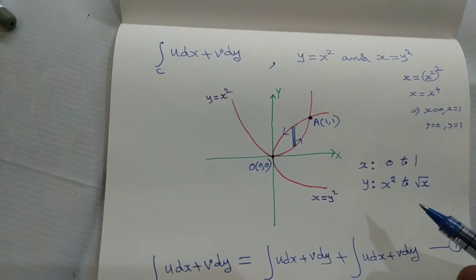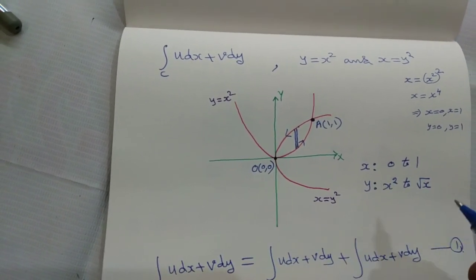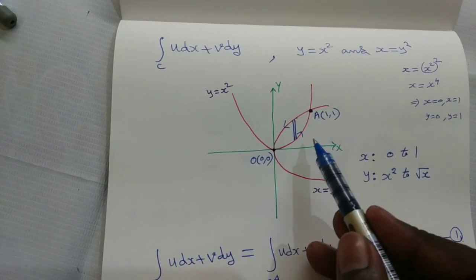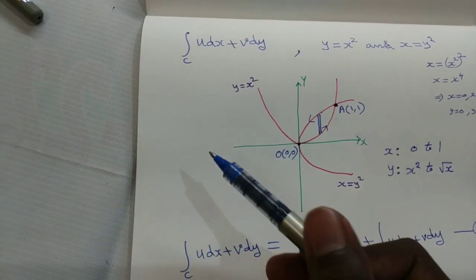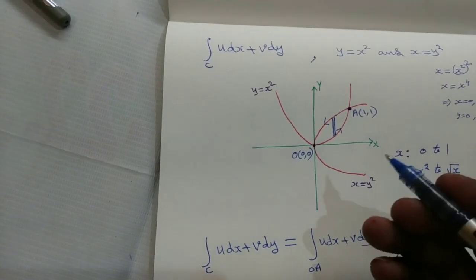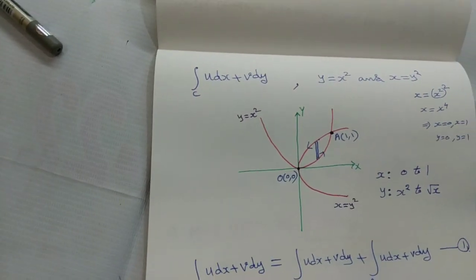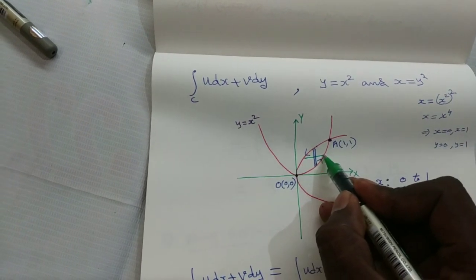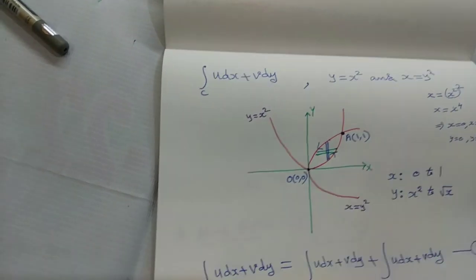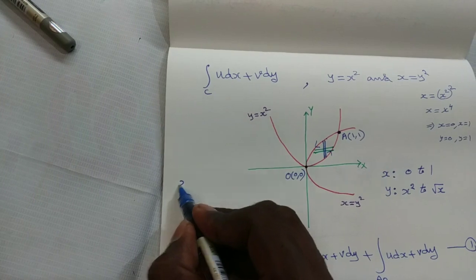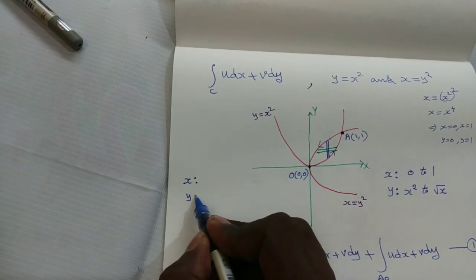Suppose you can choose a horizontal strip also. If you choose a horizontal strip, the x limit is variable and the y limit is constant.